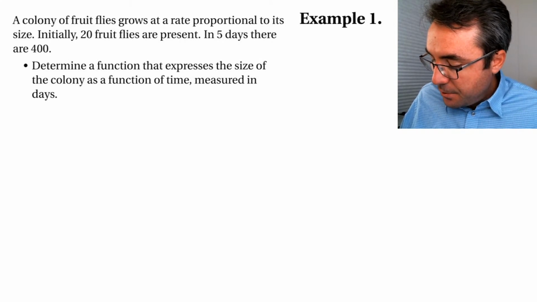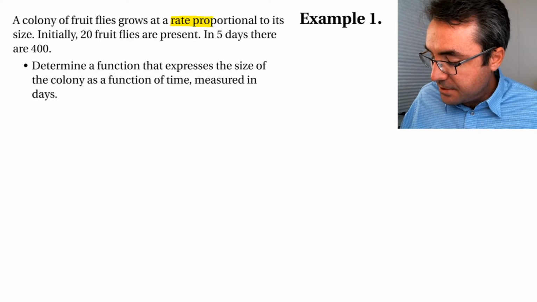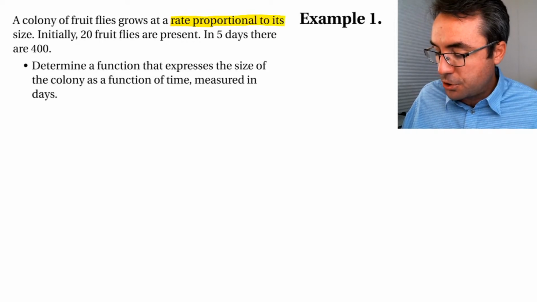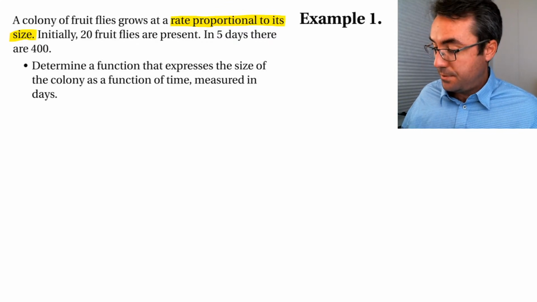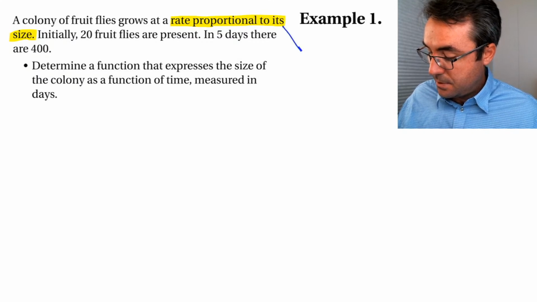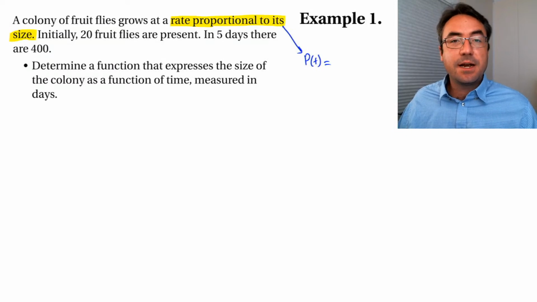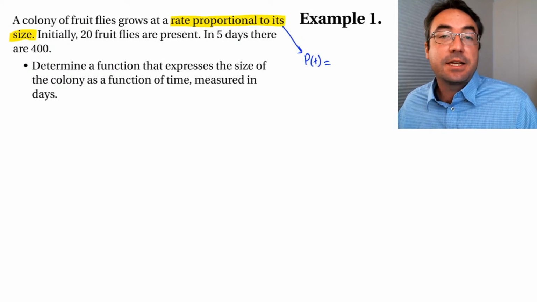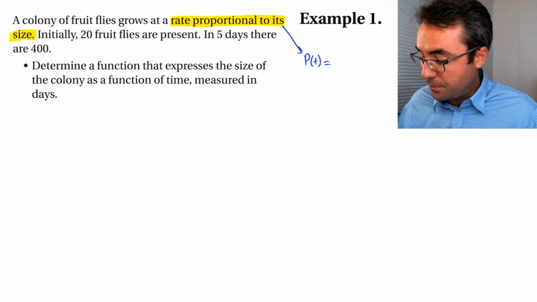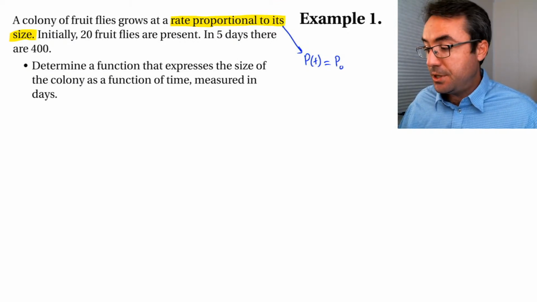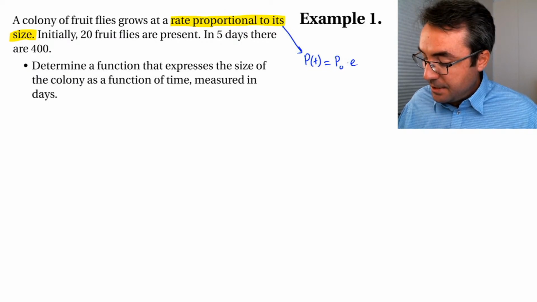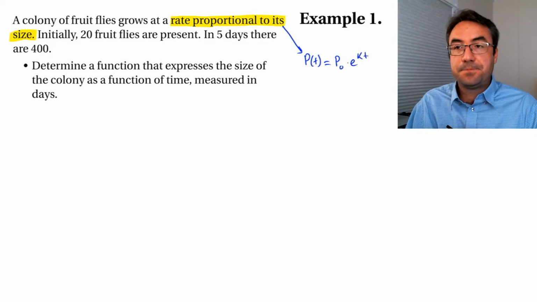And the first thing we notice is that the flies are growing at a rate proportional to its size. So that means we're talking about exponential growth. So that gives us a starting point. That gives us our exponential growth equation. So the population at time t is equal to the starting population times e raised to the power kt.